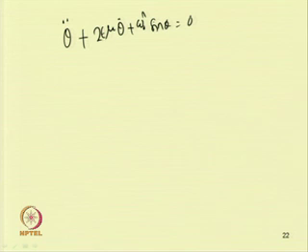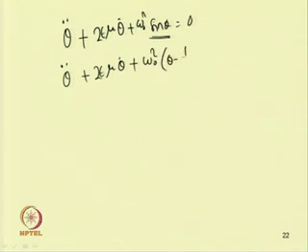In this case, one can expand sin theta up to the cubic term. So this can be written as theta double dot plus 2 epsilon mu theta dot plus omega 0 square into theta minus 1 by 6 theta cube equal to 0. Now, let us take this further small.